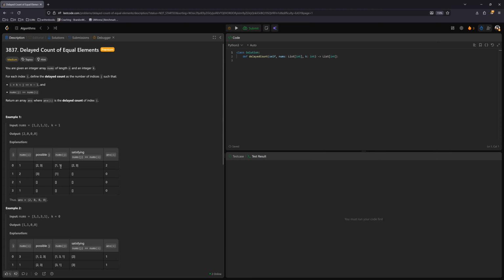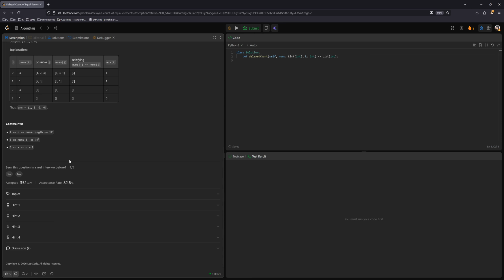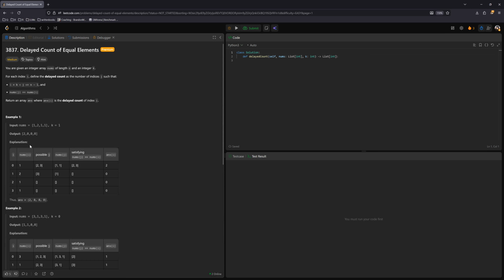Okay, so possible j, 10 to the 5th. I have no idea. All right, let's do something here. nums of j equals nums of i. So obviously we are only looking at indices where things are the same.